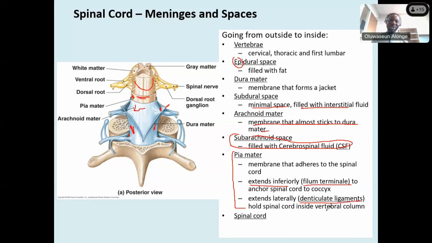Now, let me tell you something that is funny about the dura mater, the pia mater. I was telling my student yesterday about this. So, when I was younger, I mean, I'm from Nigeria, and our parents are usually very conservative. Most parents. So when I was younger, when I was like 6, 7, they would buy me shirts that are about the size I am wearing now.